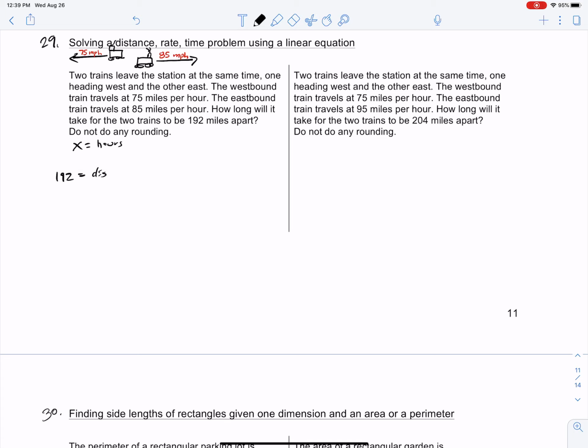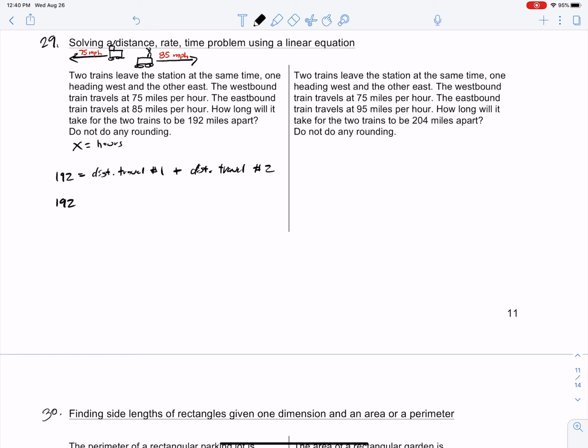And we need distance traveled by train number 1 plus the distance traveled from train 2. We just don't know how long they were traveling in either direction. For example, the train that's going westbound could have been traveling for so long, and then the train traveling east could have been traveling so long. But we need to just see how far they're going at the same time to reach a specific distance.